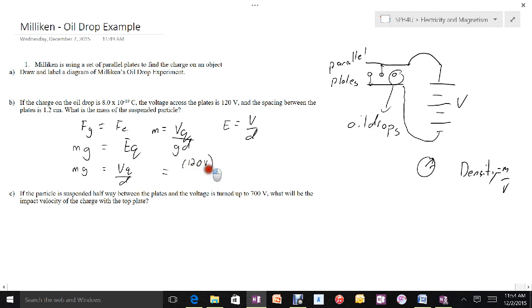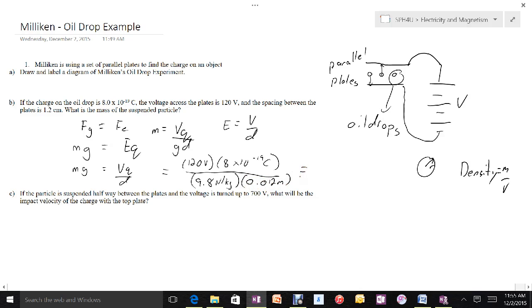120 volts times the charge, which was 8 times 10 to the negative 19 coulombs, divided by g, 9.8 newtons per kilogram, and the separation distance between the two plates, 0.012 meters.